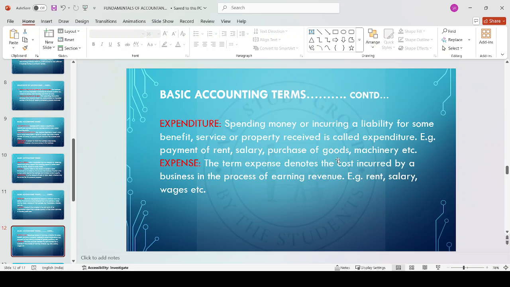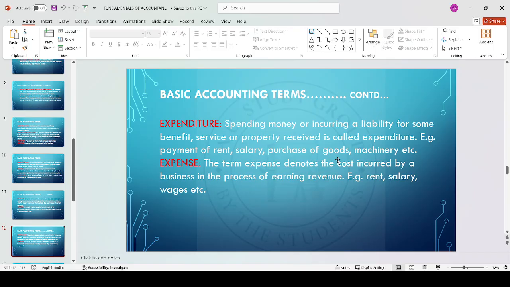These are expenditure. Now expense denotes the cost incurred by the business in the process of earning revenue. Think of it as the day-to-day cost of running the business. It could include wages, salaries, rents, everything. Now expenditure includes expense.